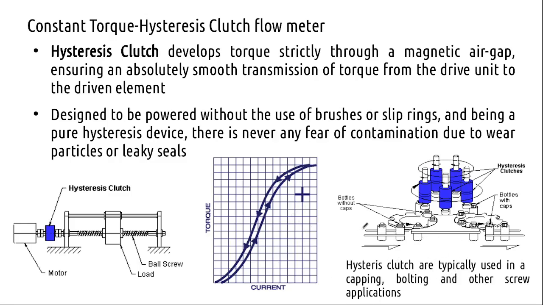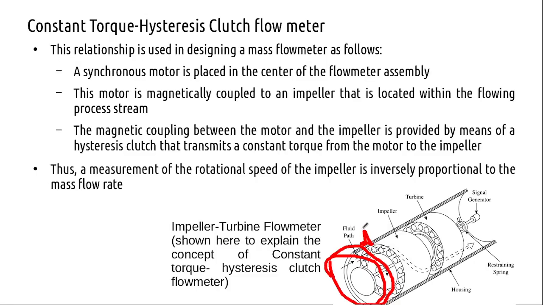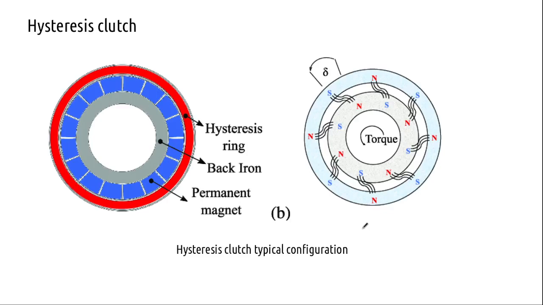So this is the hysteresis clutch. This is another figure which illustrates how this mechanism works. This is the hysteresis ring. That is the coupling. There is a coupling from the outer, say, the motor, to the impeller mechanism, and it is driven at a constant torque.